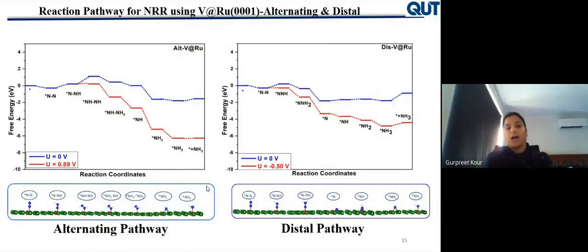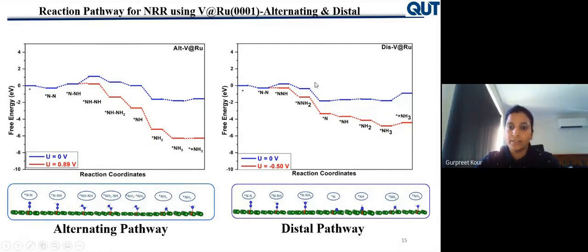And here we have the alternative, the distal reaction pathway. Here again, the adsorption was negative, but we found that this step, the conversion of NH to NH, was quite high in energy, that is 0.89 electron volt.